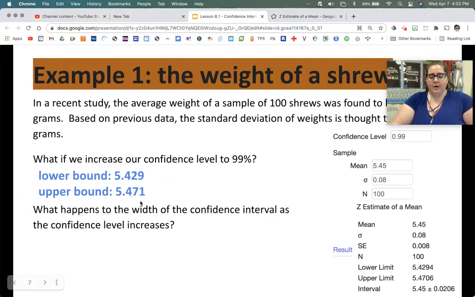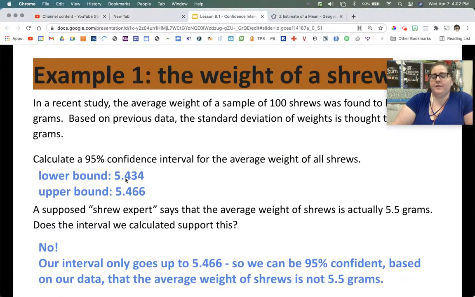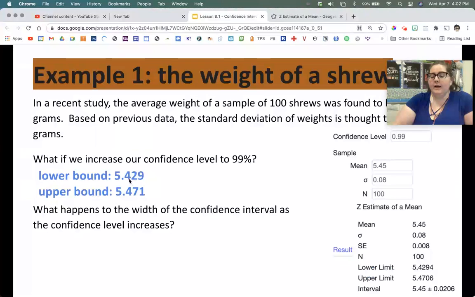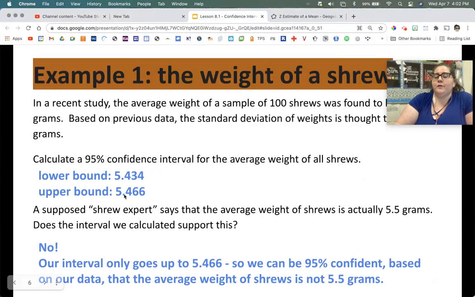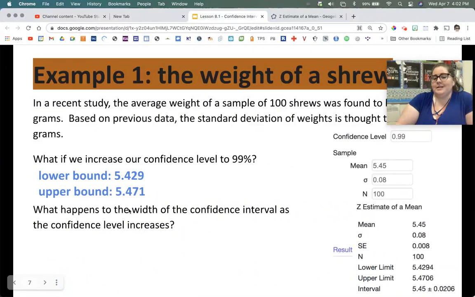Our previous interval started at 5.434, and now it's 5.429, so the lower end of our interval is just a tad smaller. And our old interval ended at 5.466, and now it's at 5.47, so the upper end is a little bit higher. So our interval is just a tad wider.